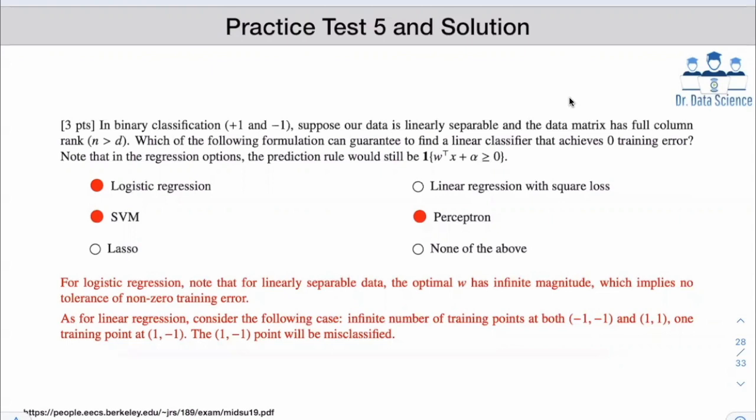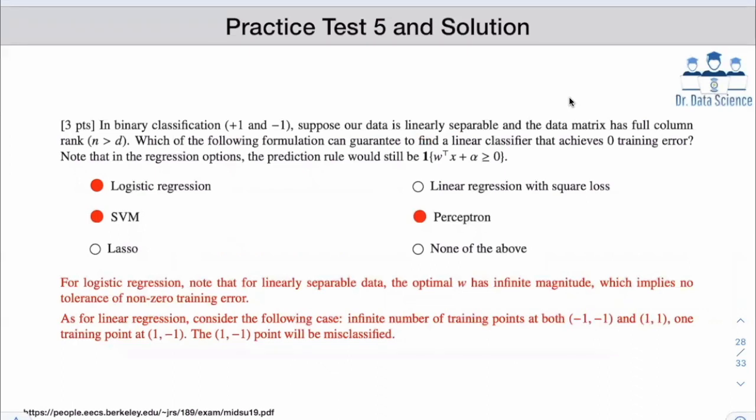Any two distinct numbers that you want to choose. And here we assume that our data is linearly separable, meaning that we can find a line to separate the two classes. And we ask which of the following formulations can guarantee to find a linear classifier that achieves 0 training error. So we're looking at the training error here.